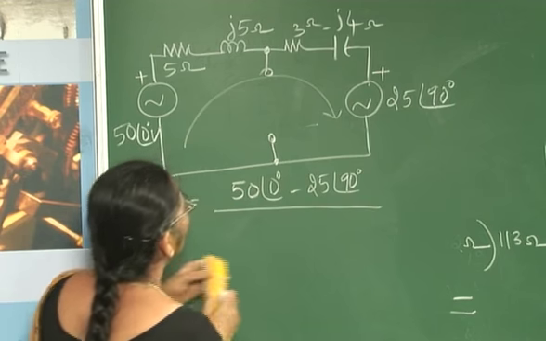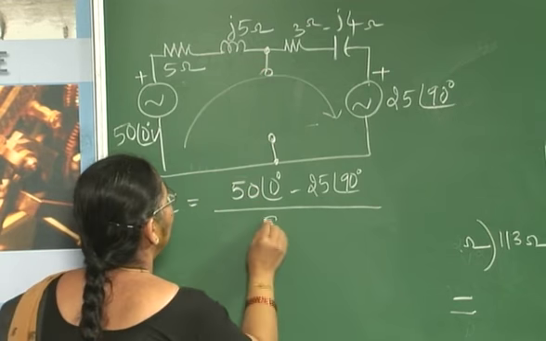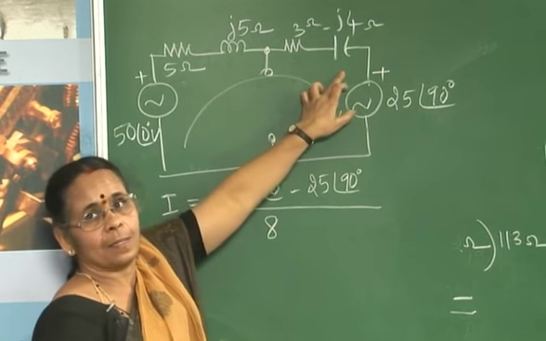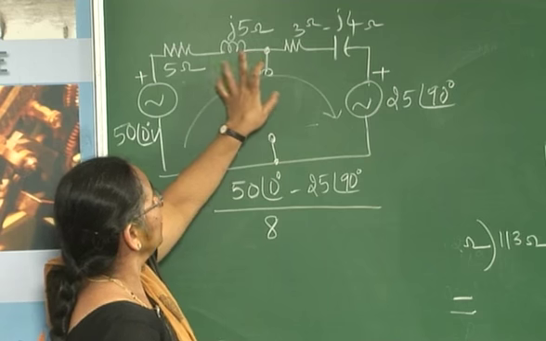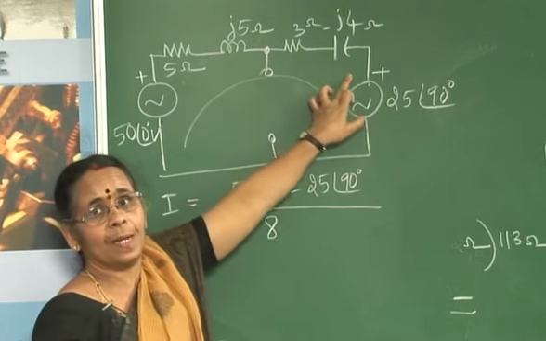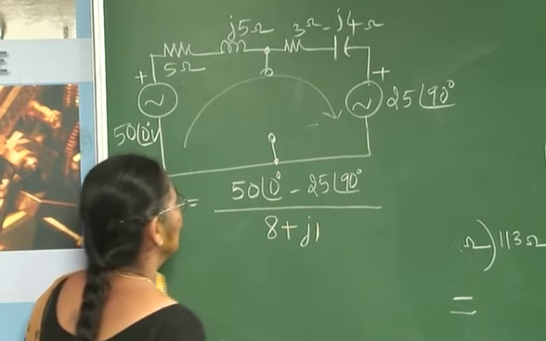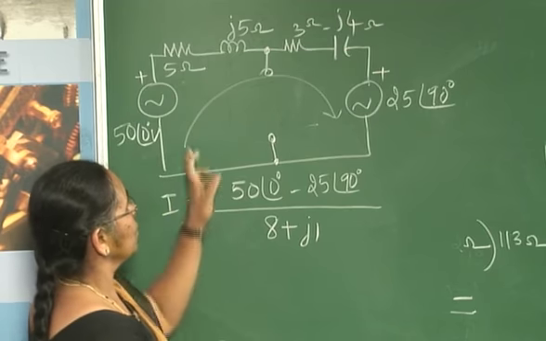That whole thing is divided by 5 plus 3, the real parts added, so it is 8, and here you have to add the imaginary parts separately. One is positive, the other one is negative, so I am going to get 8 plus J1. So this is the amount of current flowing through the circuit.